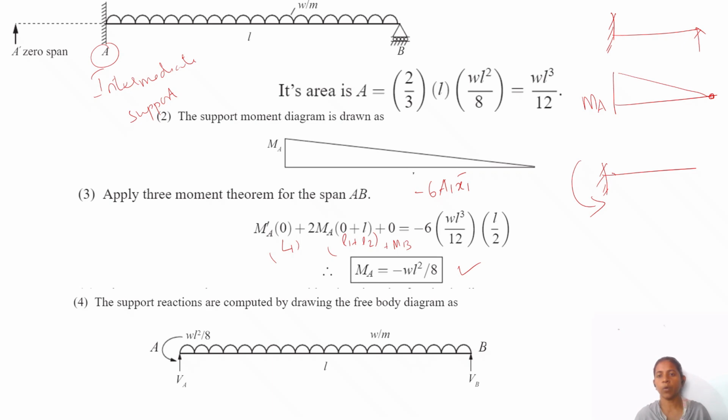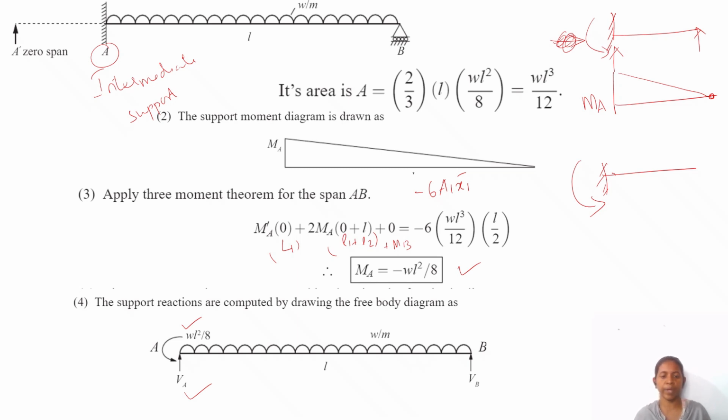For a fixed support, it has a vertical reaction, a moment and a horizontal reaction. In this problem, there is no horizontal force, so we need not bother about the horizontal reaction, only concentrate on the vertical reaction and the moment. So we have calculated the moment value as WL square by 8 in the anti-clockwise direction, and VB is there.